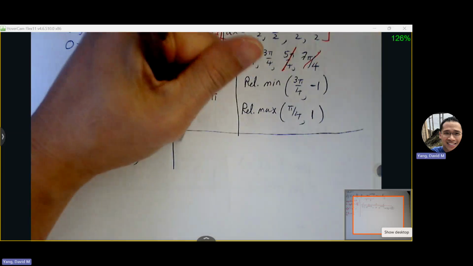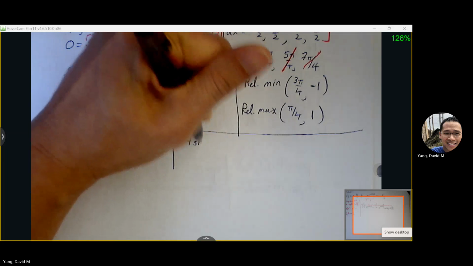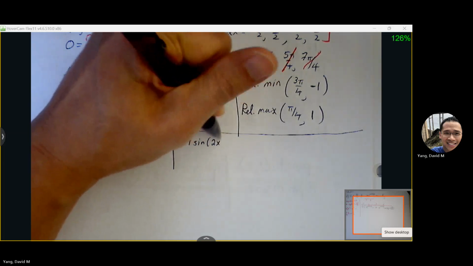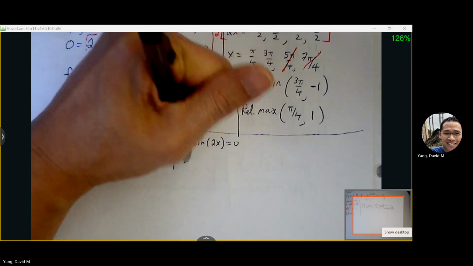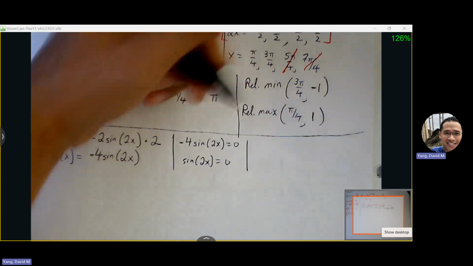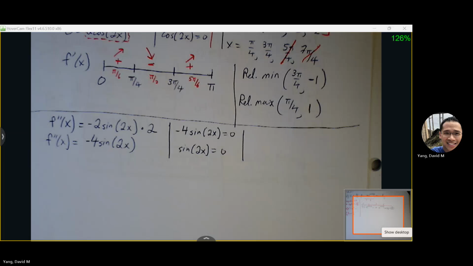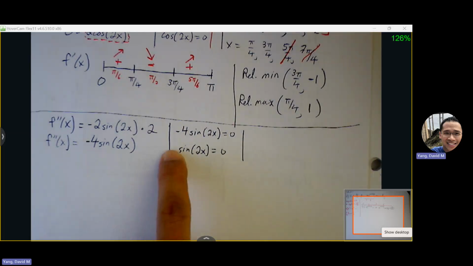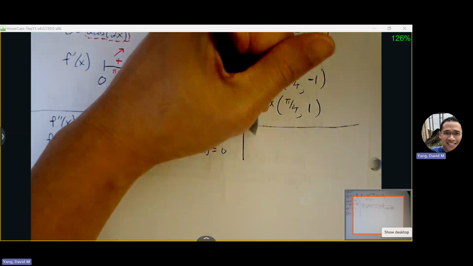Set that equal to 0. Divide both sides by -4, get that to go away. Inverse trig, let's get that 2x by itself.